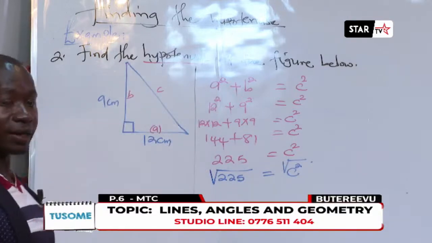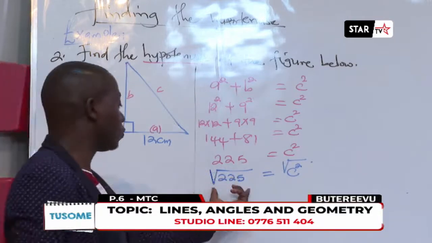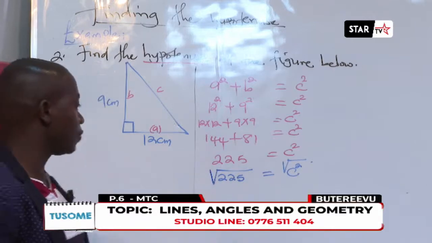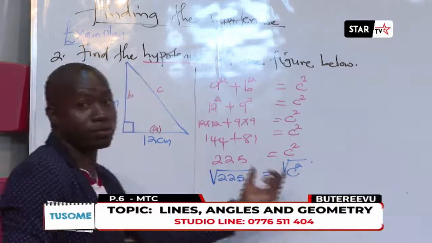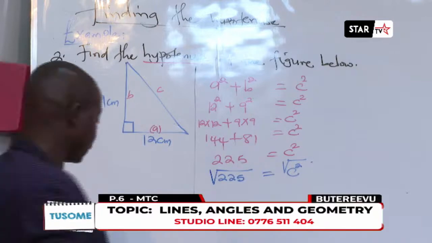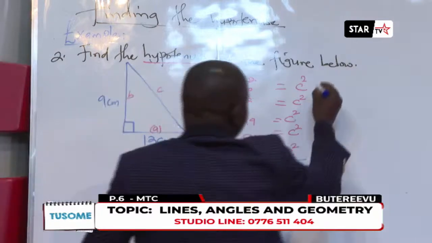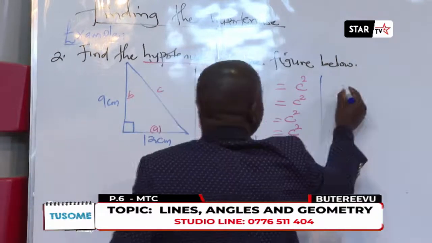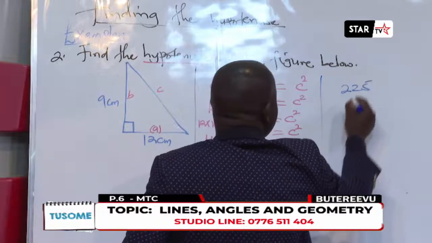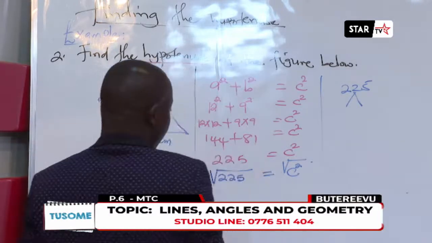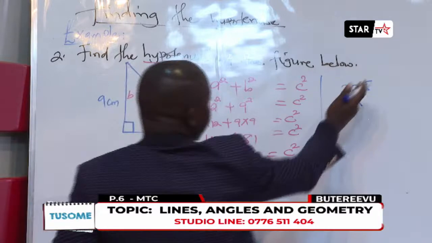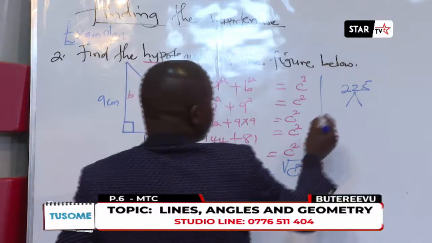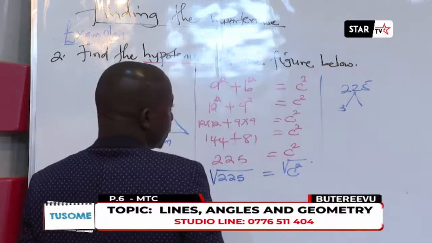We go ahead to prime factorize 225, because the root of c squared is c. We look at that 225, we can prime factorize with the help of prime numbers. It ends with 5, not divisible by 2. We can start by 3.